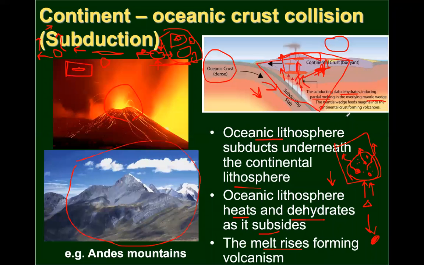Okay, right. So this is about continent-oceanic crust collision, which we generally term subduction, because the oceanic plate is subducting towards the mantle. That is the main driving process for this type of tectonic situation.